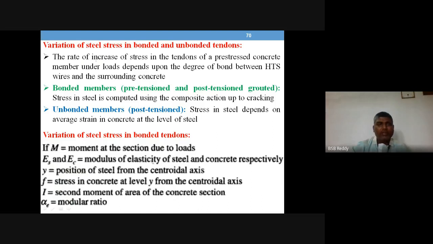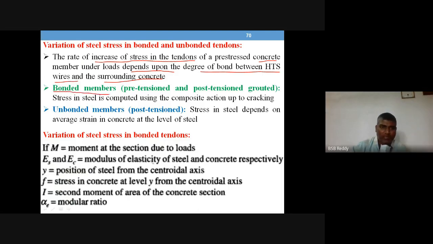The rate of increase of stress in the tendons of a pre-stressed concrete under the loads depends on the degree of bond between high tensile steel and the surrounding concrete. So if the bond is more, the increase in stress in tendons will be more, right?